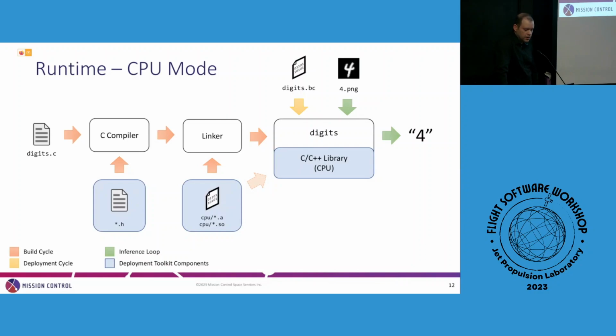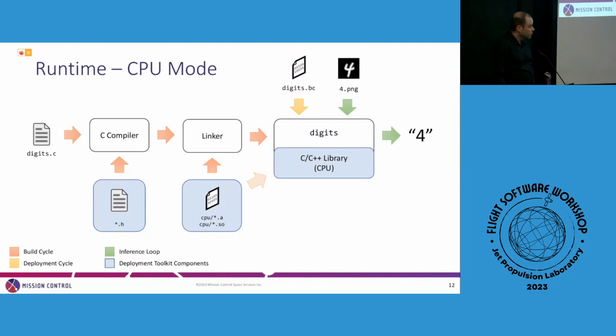You might want to link this statically with a .a library or a .so shared library. We support both options. What that application does is read the digits.bc with the model, and then read a PNG file and do the inference, and then show what the prediction is.